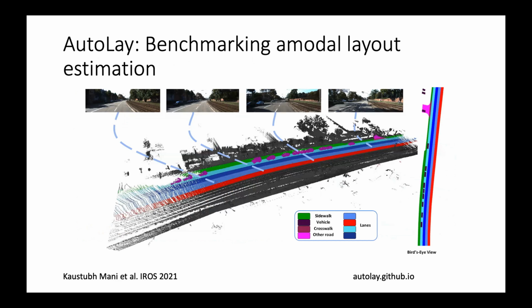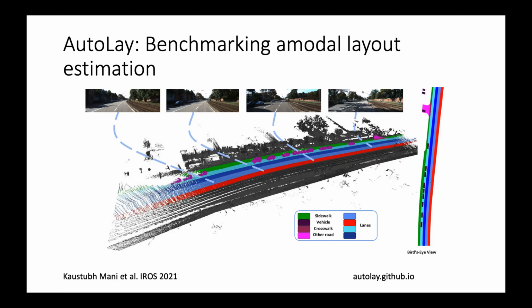So you have an image like this, and you would have a corresponding ground truth that corresponds to the amodal layout given this image or a sequence of images. And we add lots of other information that might be useful, especially for driving tasks.